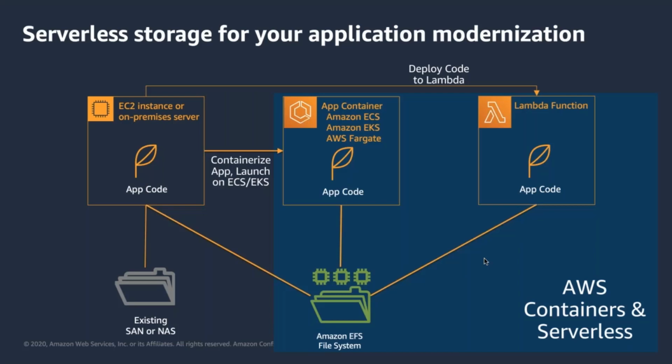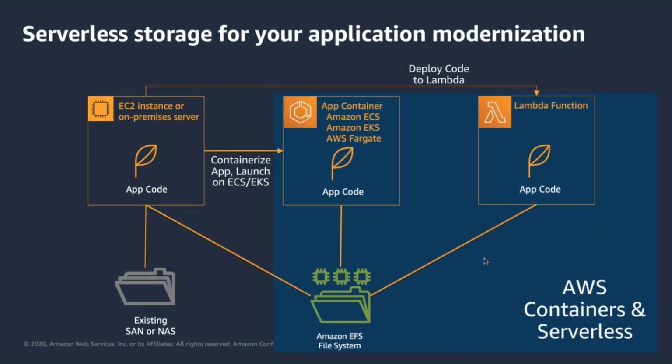Or you can take the application code and deploy it to AWS Lambda and run it completely serverlessly. Like I mentioned earlier, the choice of whether to do one or the other is based on your preference and what kind of application you're trying to modernize. But one of these two is typically an option for any application out there.